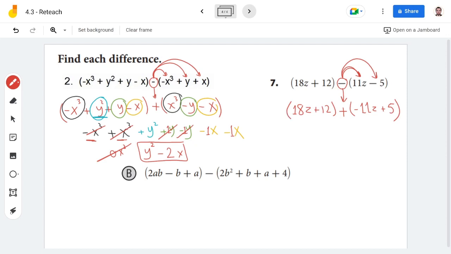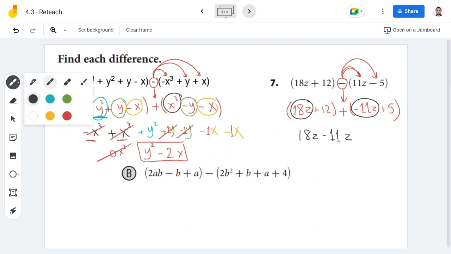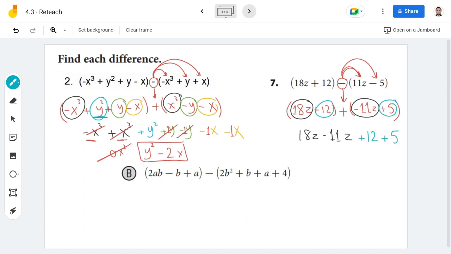Okay, and we're done. Now let's underline the like terms. So we have 18z with negative 11z, and also we have here 12 plus 5.